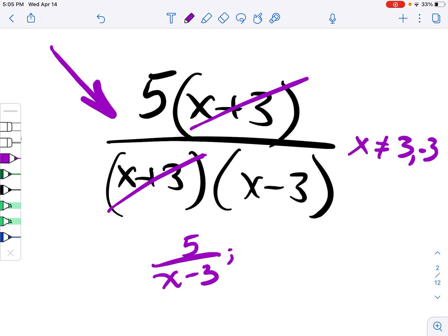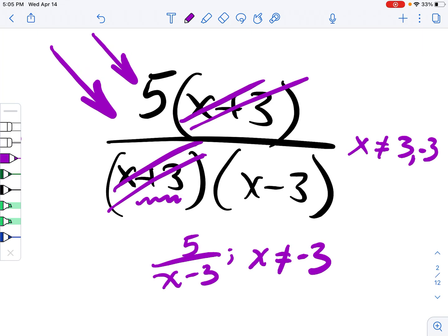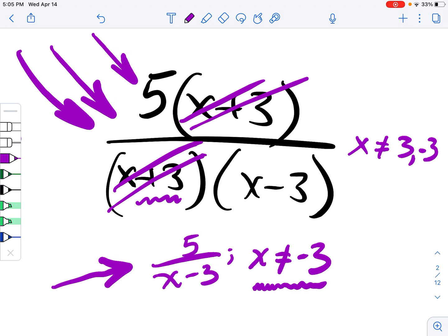So algebra is about expressing the real world. Part of this original expression included the fact that x cannot be equal to -3, and so we have to specify that. Even though, yes, we canceled it, I get it, but the original setup that a viewer who views this cannot see, so we have to specify that using this.